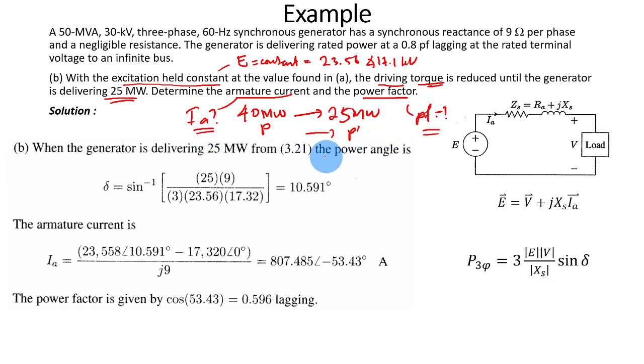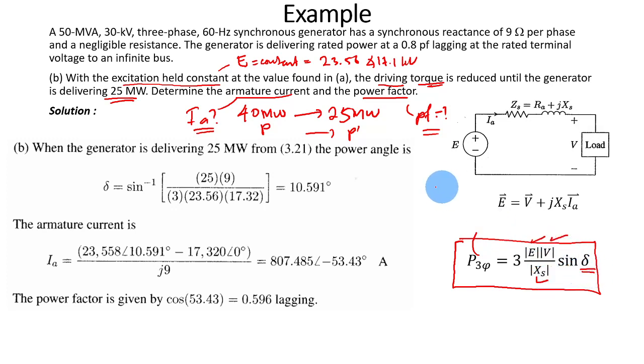To solve this problem, we can use the formula we derived before. This is the relationship between the real power, the excitation voltage, the phase voltage, the synchronous reactance and the power angle.